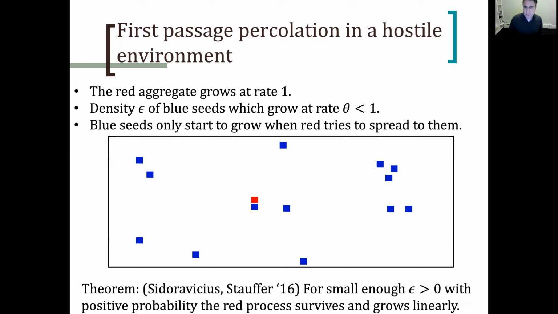But the blue process also starts off with some low density in the whole plane. So for each location, it has a probability epsilon of being a blue seed. But they don't start growing straight away. They only start growing when the red process tries to expand onto that.